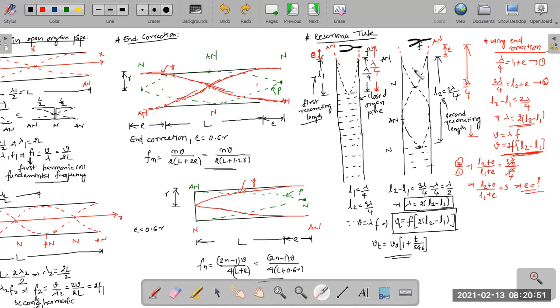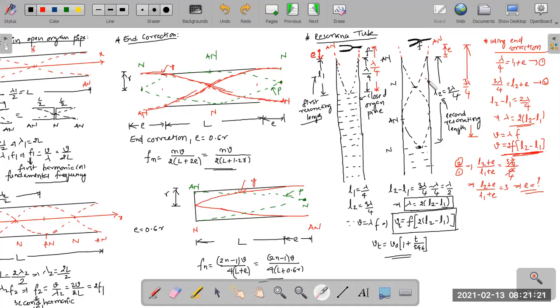Then we again continue to decrease the water level. The second resonance must occur at 3 lambda by 4, because this is a closed organ pipe. It will be three times the first resonating length.